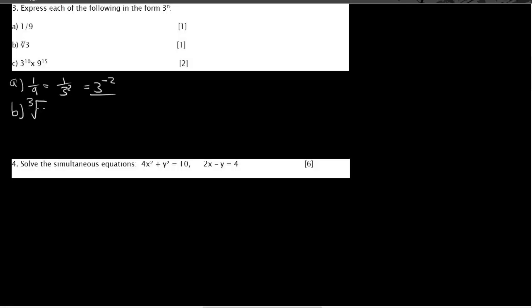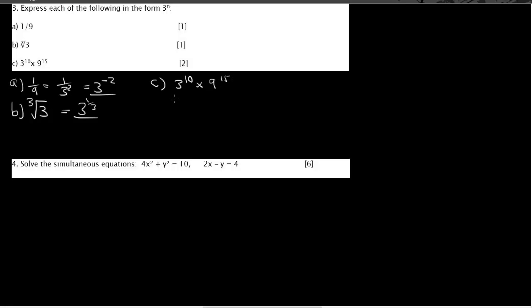B, we've got the cube root of 3, which gives us 3 to the third. And C, 3 to the 10 times 9 to the 15. Well, 9, we're looking for 3s, aren't we?